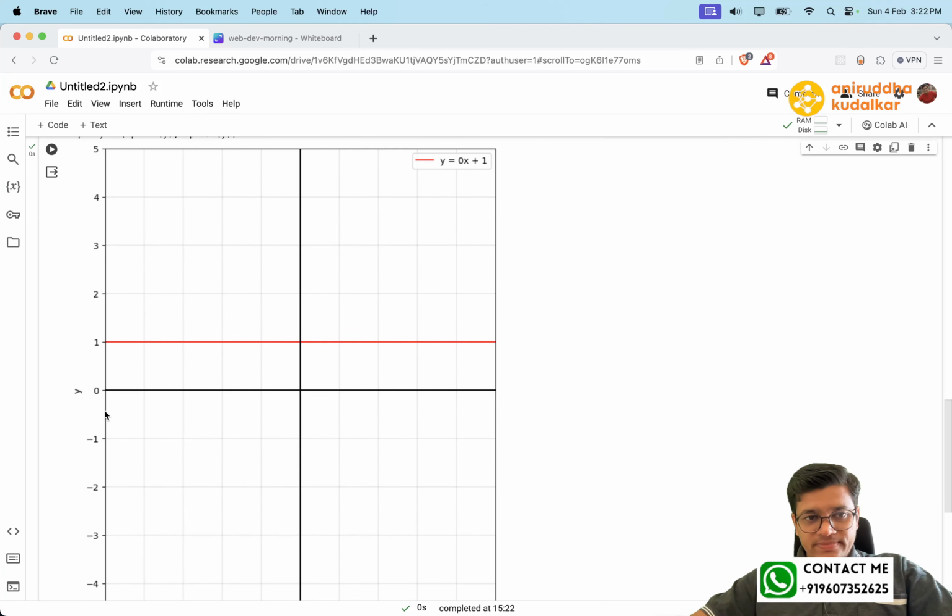Now it is 1. So the code I have written for creating these ticks, I just changed. Can you see? When you say the slope of the line is 0, it is the horizontal line.